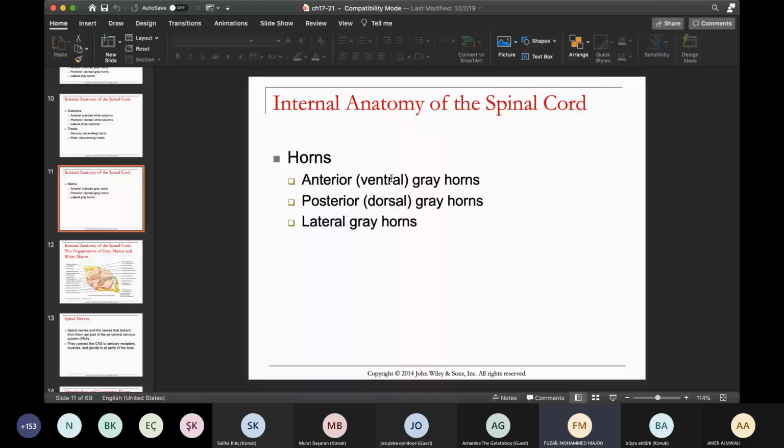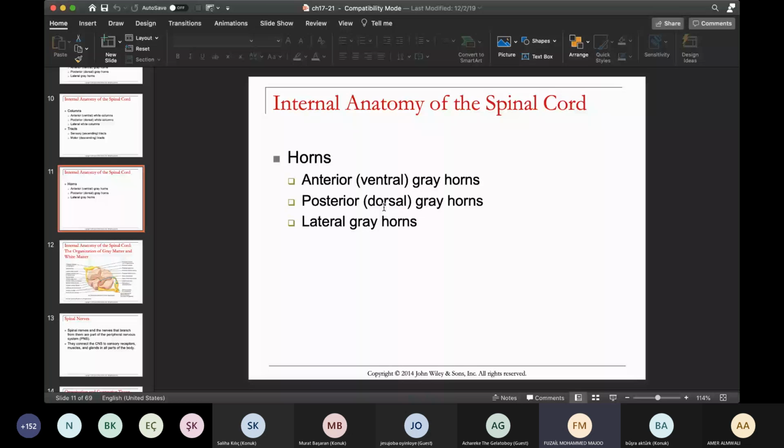These somatic motor nuclei are clusters of cell bodies of somatic motor neurons, and they provide nerve impulses for skeletal muscle contraction. The posterior, or dorsal, gray horns contain the cell bodies, in addition to axons, of interneurons as well as axons of incoming sensory neurons.